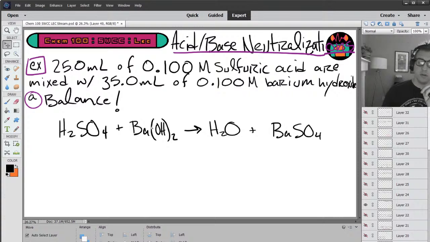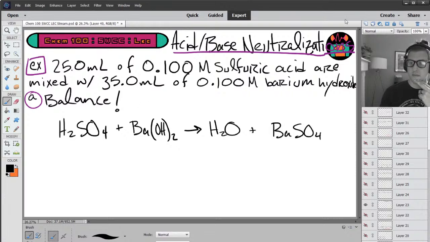All right, so let's see if this thing is balanced. We have hydrogen, sulfur, oxygen, and barium on both sides of this reaction.